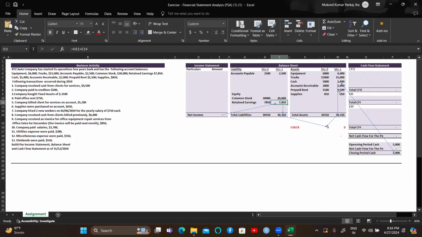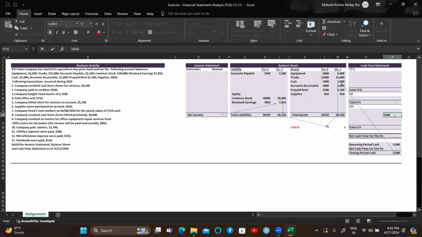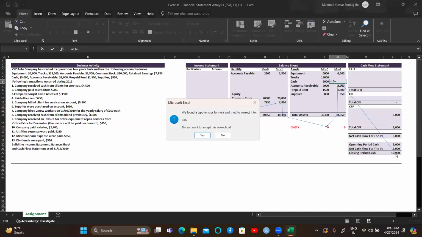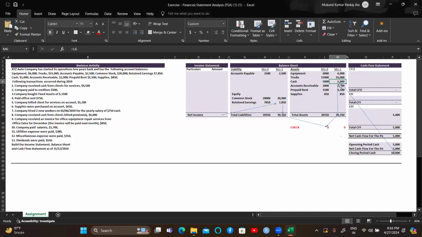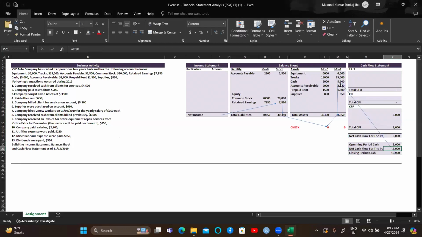Everything happening in the cash flow statement gets reflected in the balance sheet through cash. Net cash flow for the period, and what I want is cash.